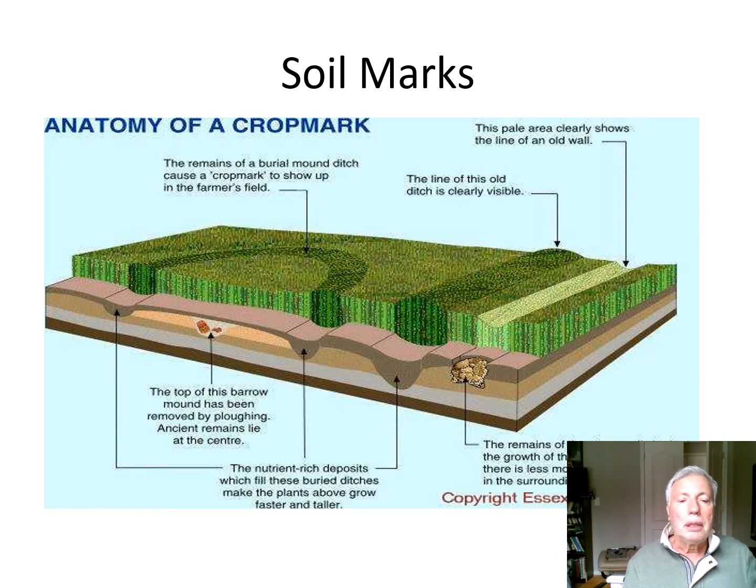Soil marks. You saw this in the Roman fort in terms of the aerial photography. What this is all about is that there are paler and much more intensely colored areas, and these are in relation to what is beneath the surface.